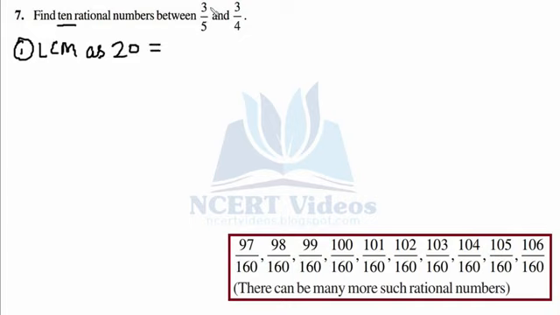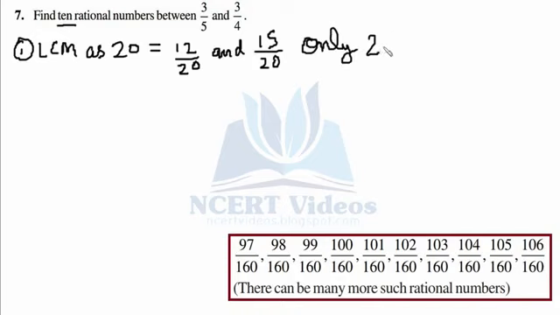Similarly, we have to multiply it with 4 here. 4 3s are 12 over 5 4s are 20, and this one 4 5s are 20. Again 3 5s are 15. Clearly, we have in between 13, 14, 15 only 2 rational numbers. So we will not take 20 as LCM.